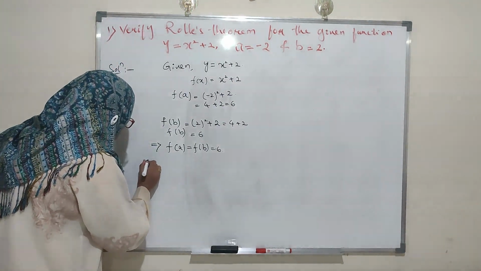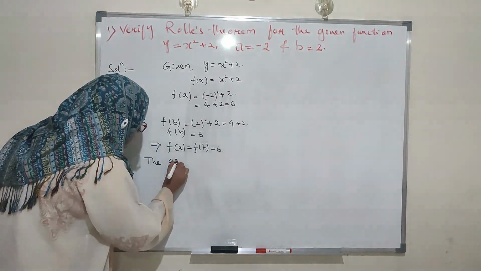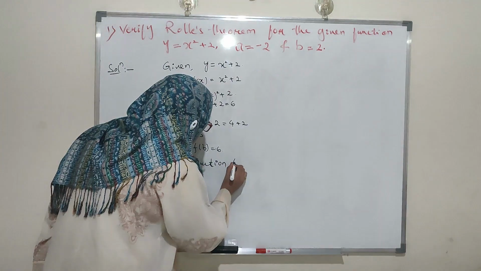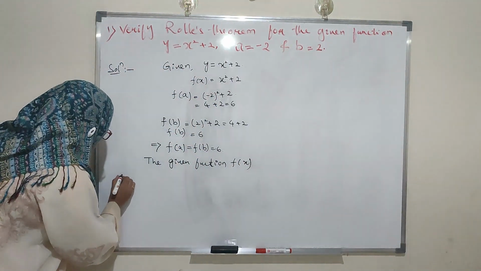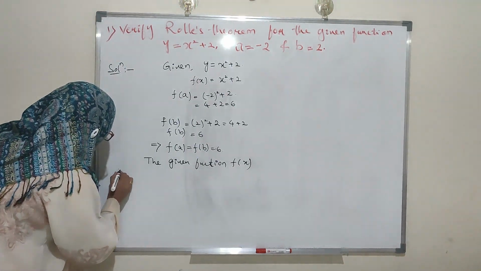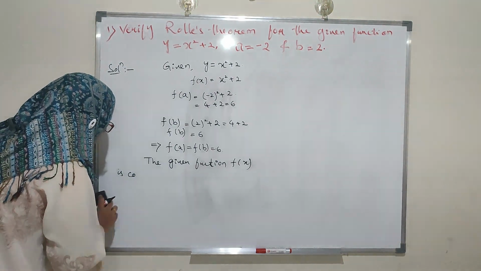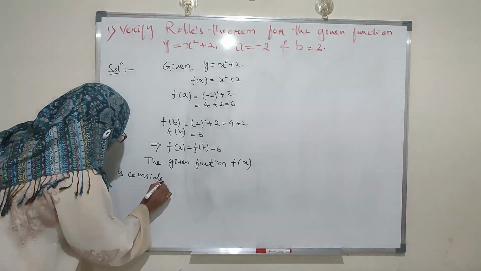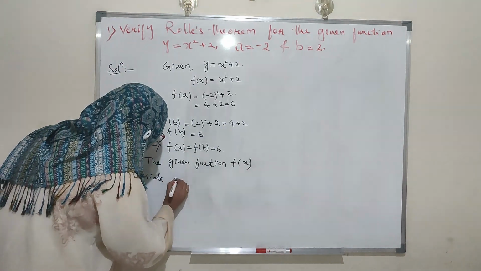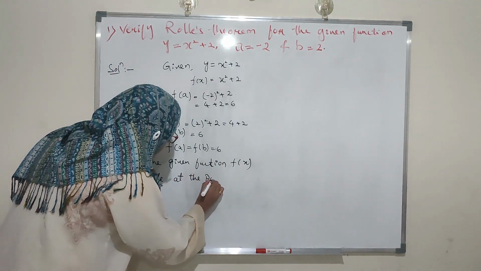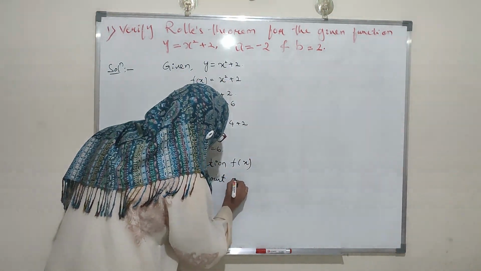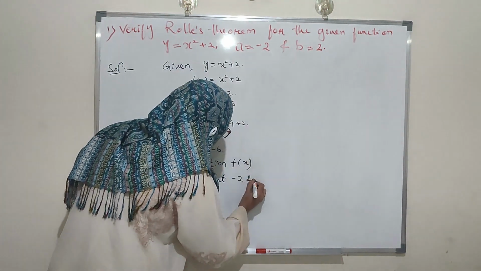Now we can say that the given function f of x coincides at the points a equal to minus 2 and b equal to 2.